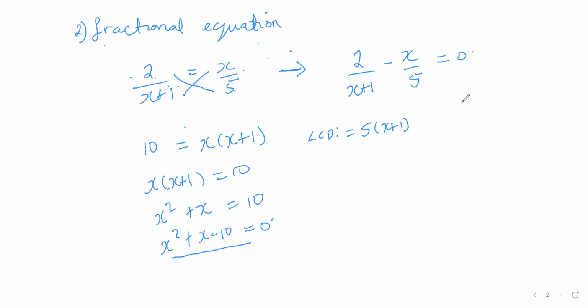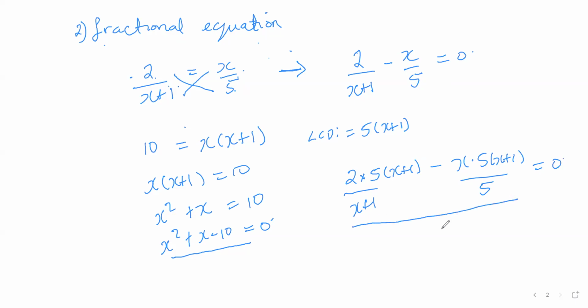Then we know what to do with our LCD from last section. Multiply each term by the LCD and eliminate all denominators. So it becomes 2 times 5 times x plus 1 over x plus 1 minus x times 5 times x plus 1 over 5 equals 0.